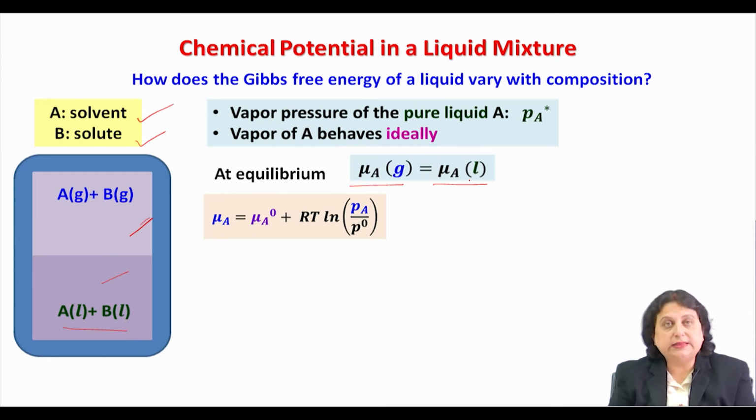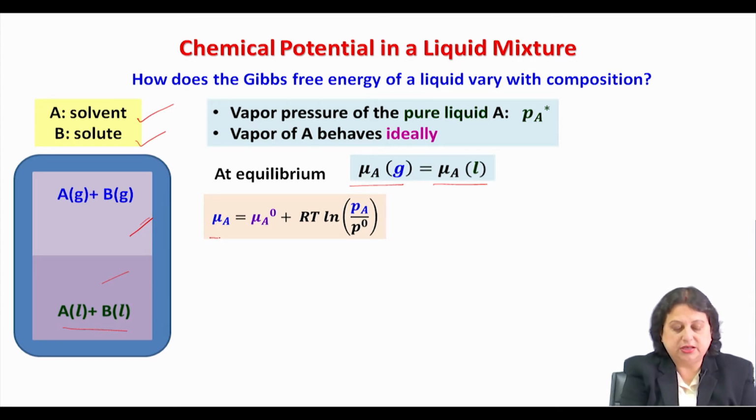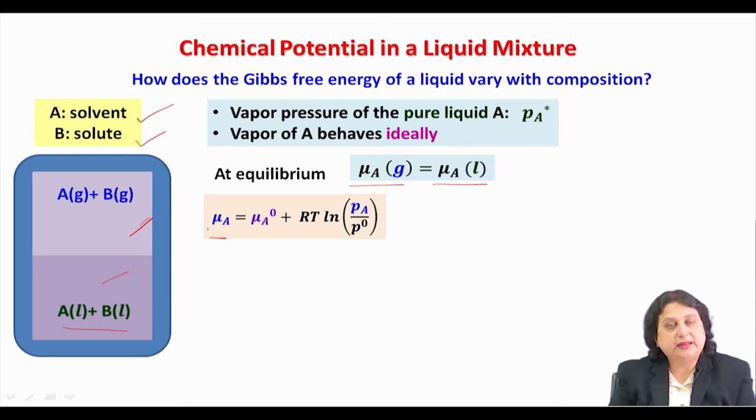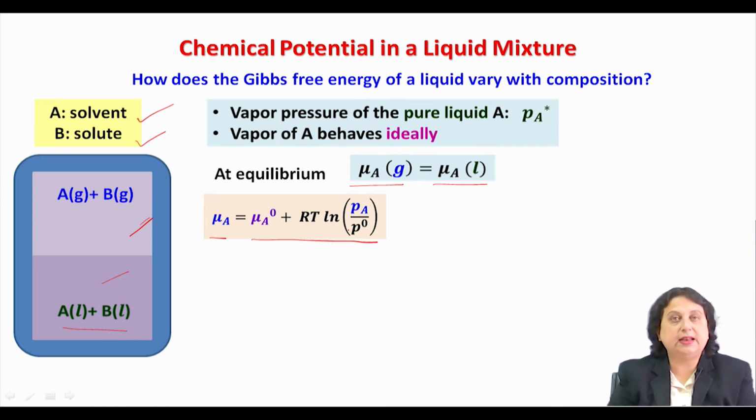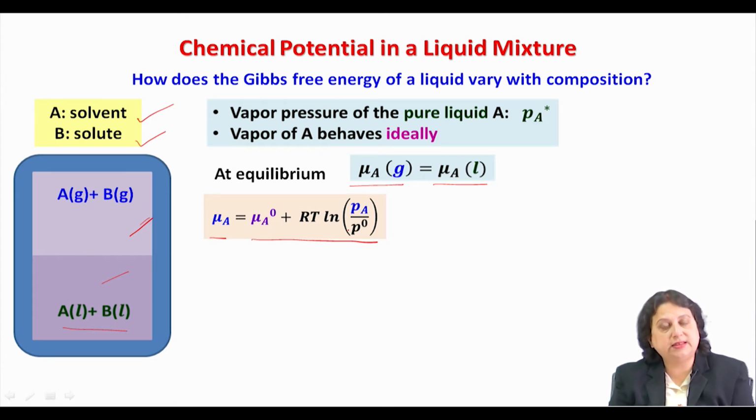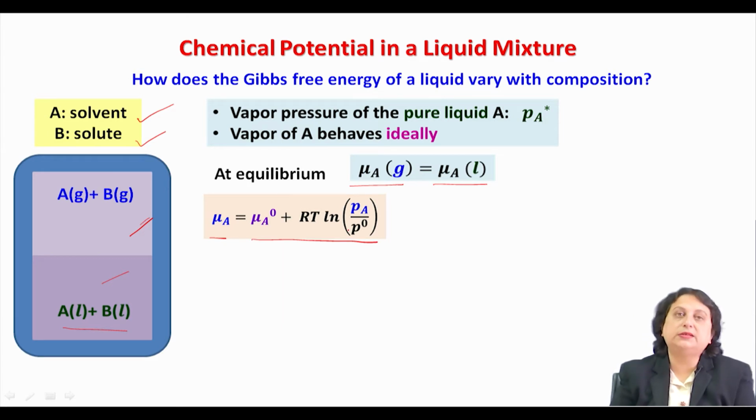Now, I understand that mu A in the gas phase, which I represent using a blue color, can be written as mu A naught plus RT ln PA by P naught. Now, why do you think I can write this expression like this? This is simply because I have assumed that the vapor of A behaves ideally.